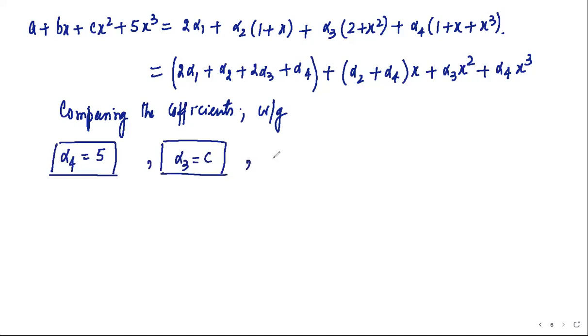Then we have alpha 2 plus alpha 4 is equal to b. And after this, 2 alpha 1 plus alpha 2 plus 2 alpha 3, but alpha 3 is equal to c, so it is 2c plus alpha 4 is equal to 5.